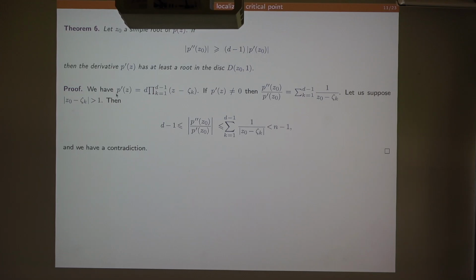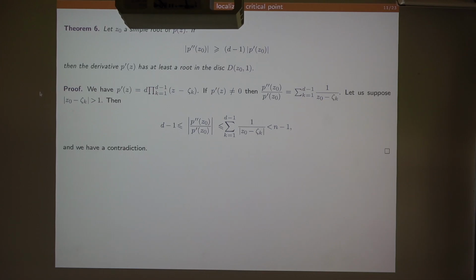And as P is a monic polynomial, the expression of P', the derivative, is like that. And P'' over P' equals this expression.